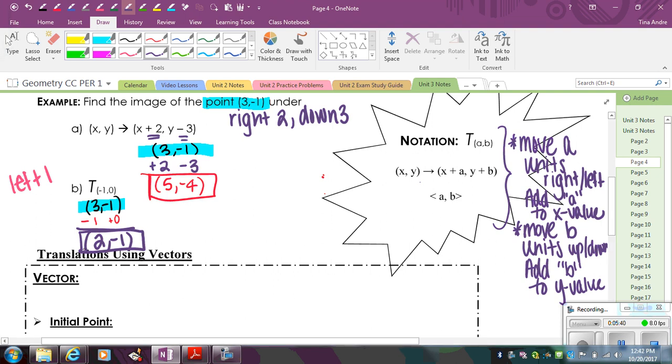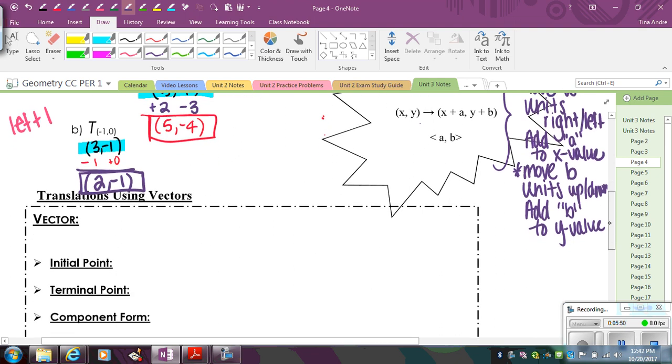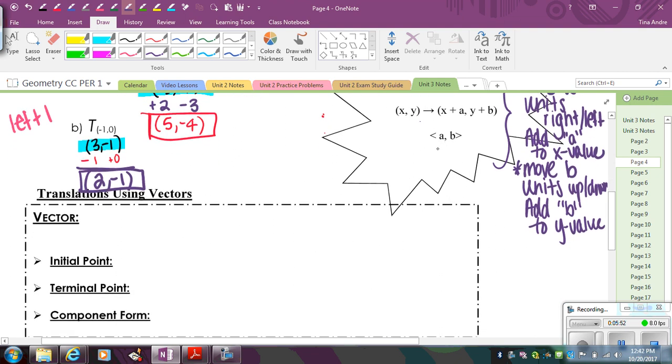The main thing is just knowing your rules, knowing that the A always corresponds to X, so that's the horizontal, and the B always corresponds to Y, so that's the vertical. And then the only other thing is this vector notation. So first thing you have to know is, what does a vector mean? So a vector is a quantity that has length and direction.